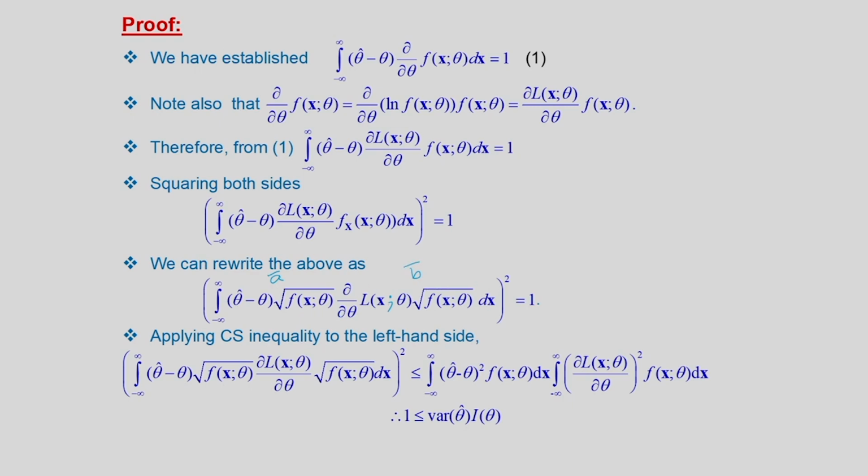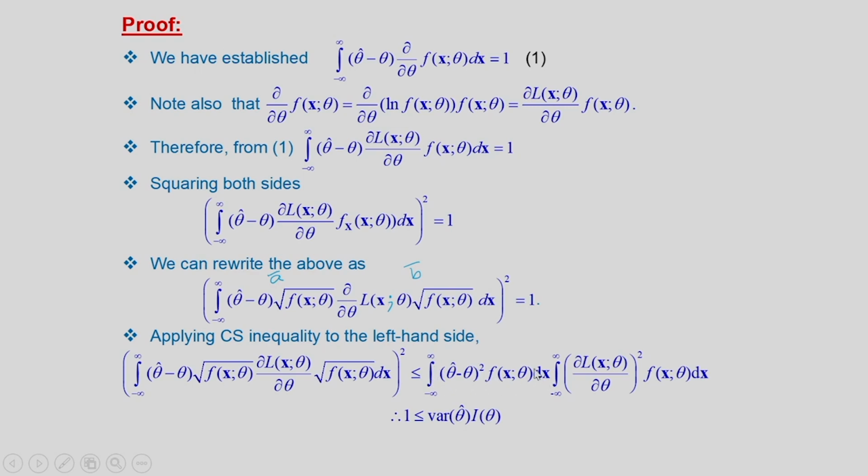Then we can apply the Cauchy-Schwarz inequality. So, therefore, this is the inner product of two functions, squared. That square must be less than or equal to the product of the individual function norms squared. This will be the integration from minus infinity to infinity of (theta hat minus theta) whole square, and this is the square root of f(x, theta); therefore, squaring, we will get f(x, theta) dx.